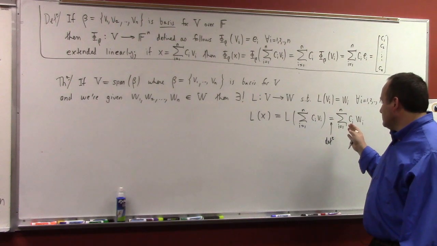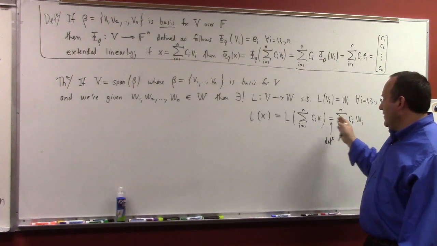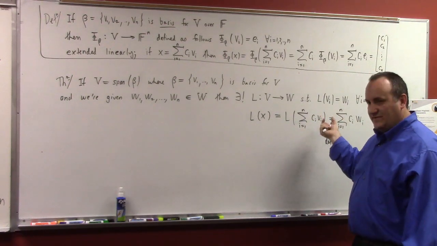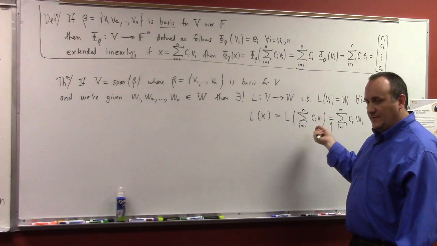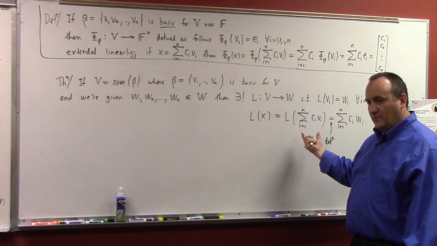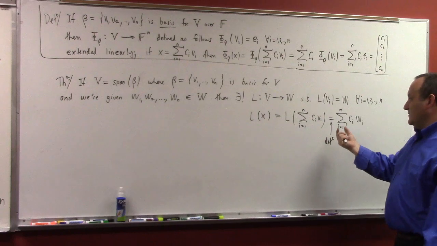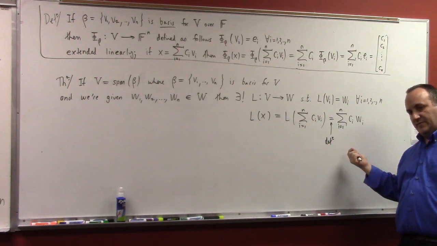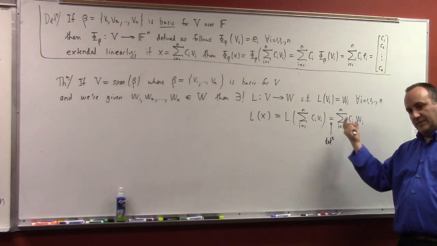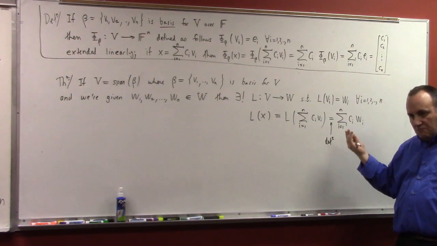And then, what if we just feed it c_i where all the coefficients are 0 except for one, which is 1? Then this formula just drops back to L of v1 maps to w1. The formula reduces to the assumption that vi maps to wi in that case.